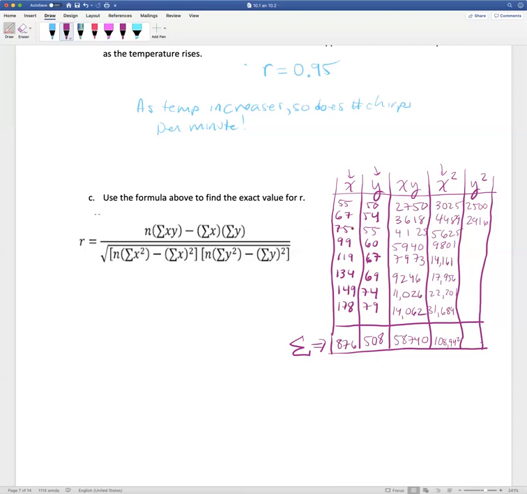See, this is 55 squared, 3,025. 60 squared is 3,600. 67 squared, 4,489. 69 squared, 4,761. 74 squared, 5,476. And 79 squared, 6,241. Okay, and again, I'm going to add up these values, and then we're done the hard part.